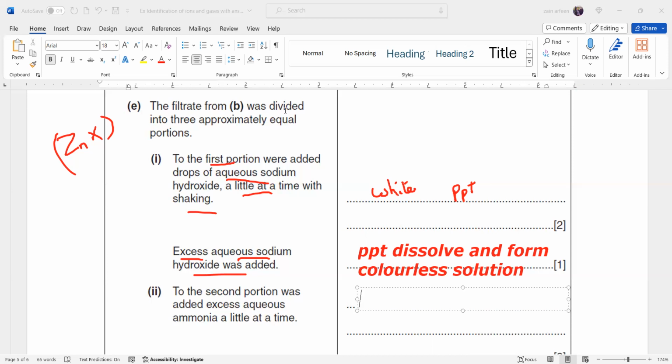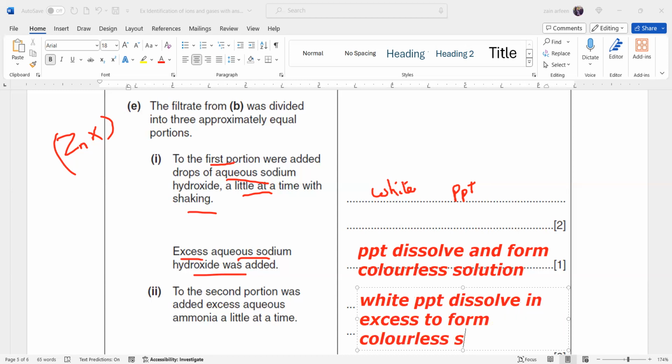It will also give a white precipitate, which will dissolve in excess to form a colorless solution. If it is a white precipitate, it will form a colorless solution when it dissolves. If it is a colored precipitate, it will dissolve and form a colored solution.